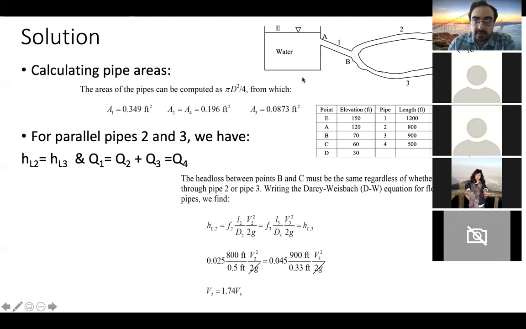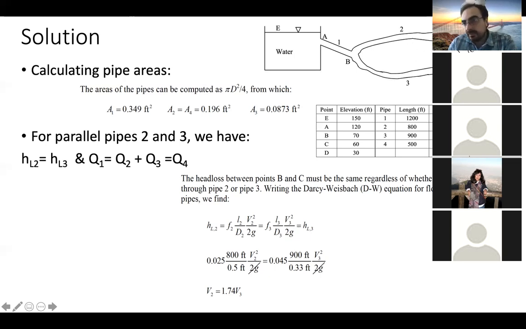And then the second thing is the total flow rate, which is mass continuity. The total flow rate Q1 should equal the sum of the flow rates Q2 and Q3, right? So the flow that comes down and branches into 2 pipes, the total flow rate of that should equal Q2 plus Q3. This is mass conservation or continuity.